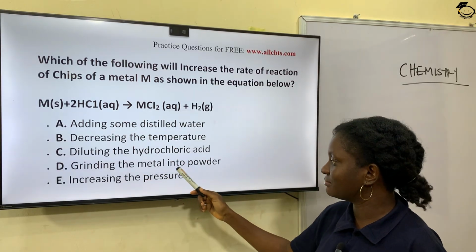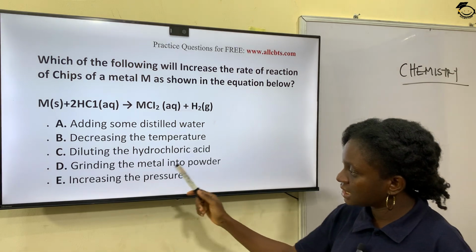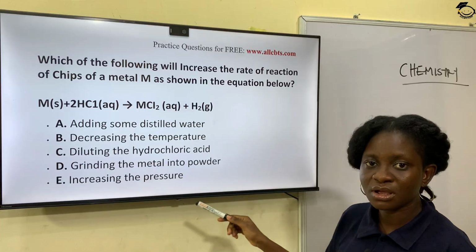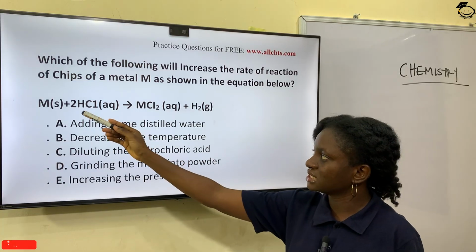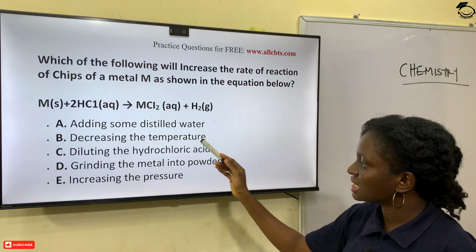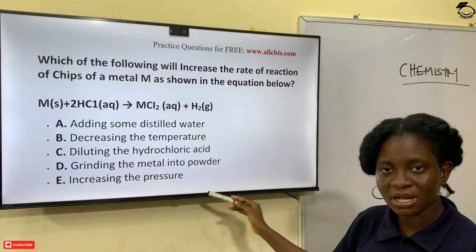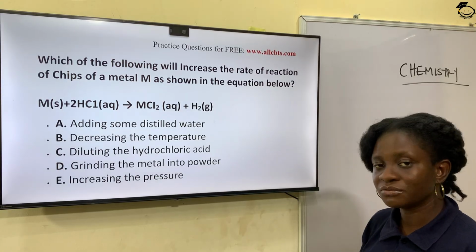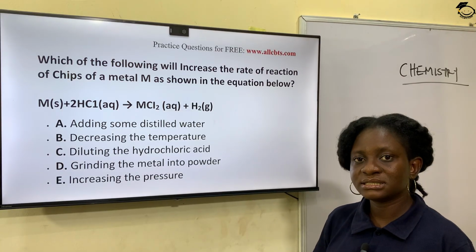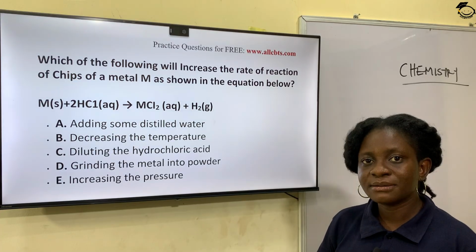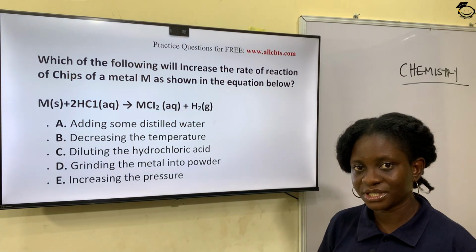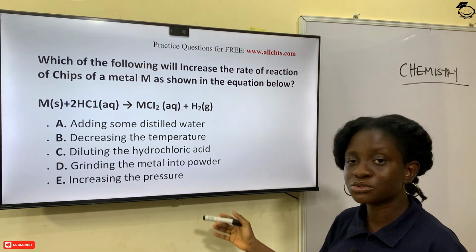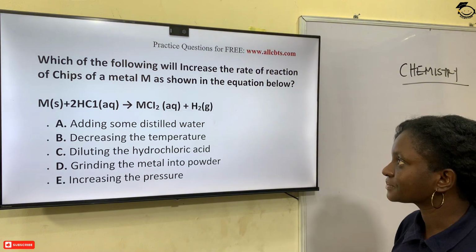D, grinding the metal into powder. E, increasing pressure. The correct answer is grinding the metal into powder. This will increase the surface area of the metal, and it will lead to more collision, thereby increasing the rate of reaction.